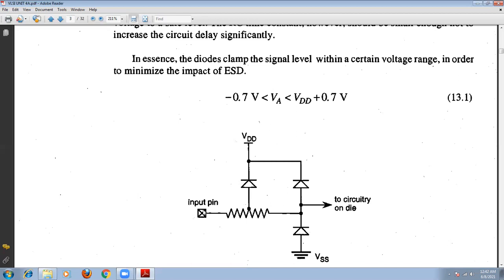When the voltage rises to some level, this diode turns off, the other diode turns on, and the output voltage shifts to VDD plus 0.7 volts. So the signal will be clamped: the voltage at this point is greater than minus 0.7 volts and less than VDD plus 0.7 volts. Like this, the signal will be clamped.